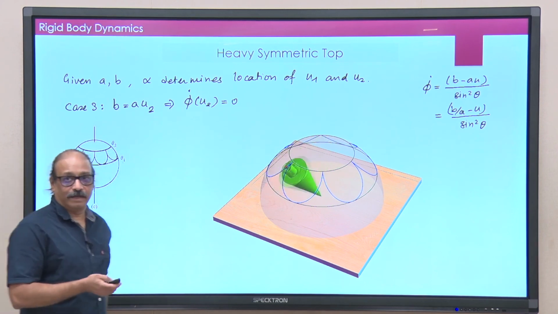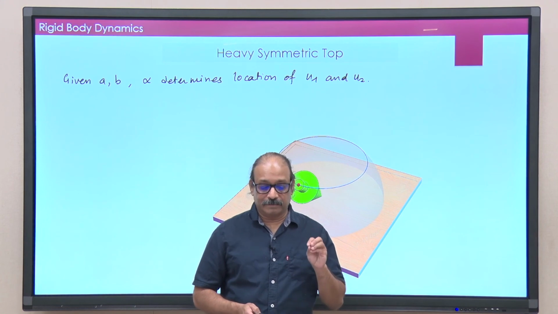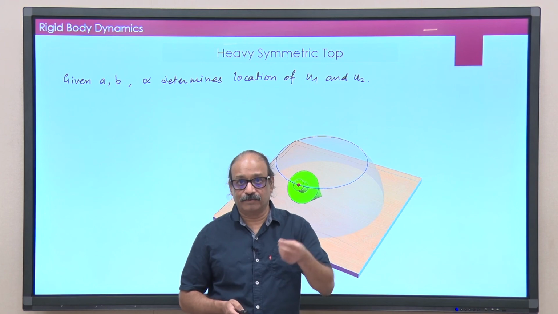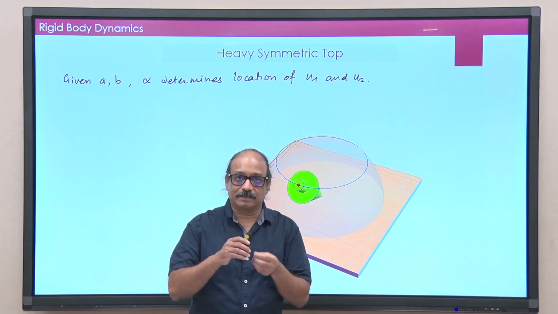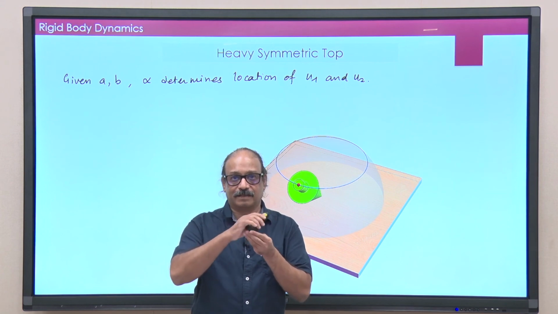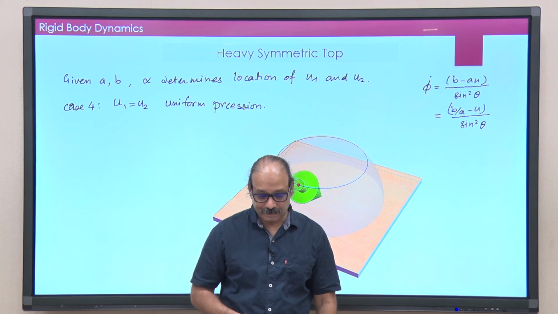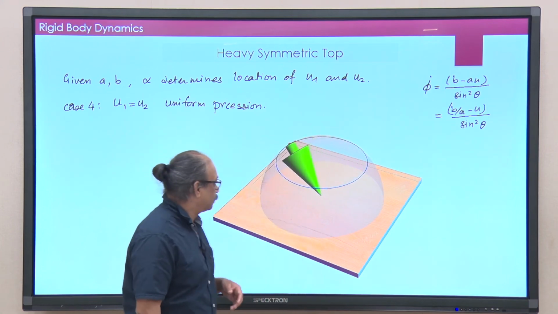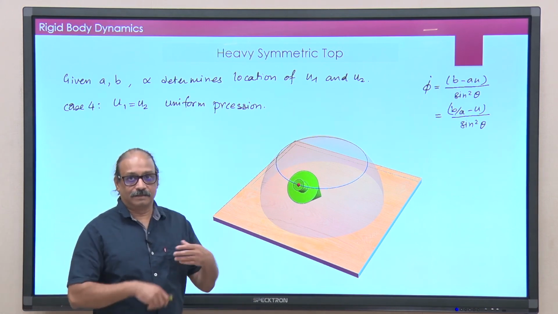And the most trivial case is when the two turning points are equal. When the two turning points are equal, u1 is equal to u2, theta cannot change, theta is fixed. What does that mean? There is a precession there, and that is a uniform precession now, and this motion is also very commonly seen before it degrades and the top falls down.